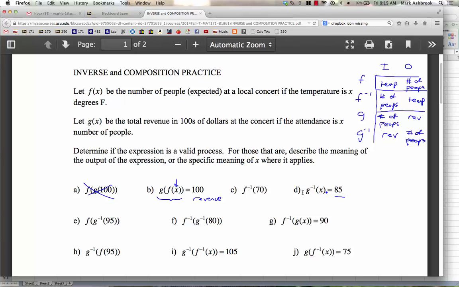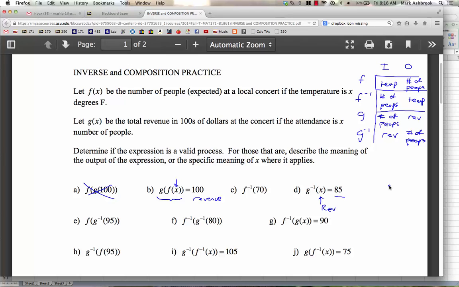It equals, so 85 equals this. What is this? The revenue, sorry. The X is the revenue, and the output of that is the attendance. Right. Okay, so this X is the revenue corresponding to, is it any revenue that we could get?